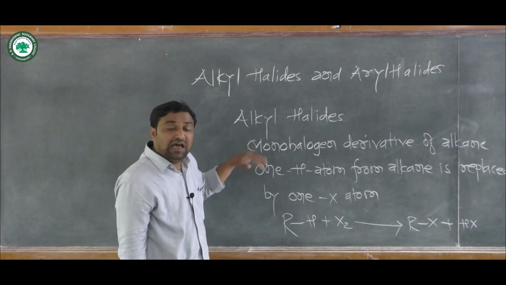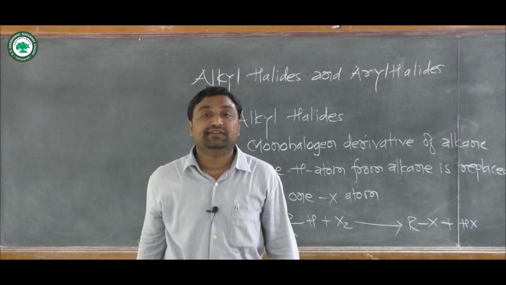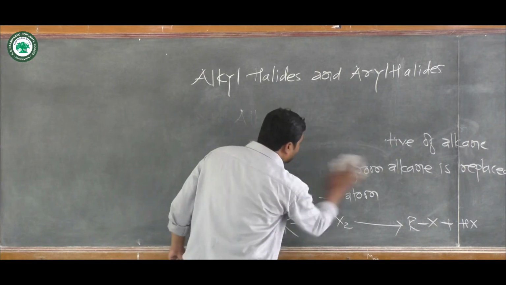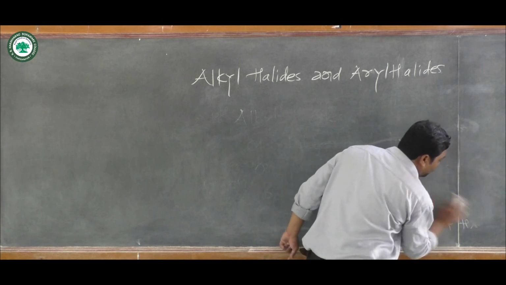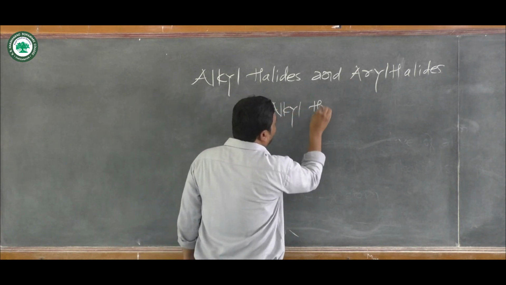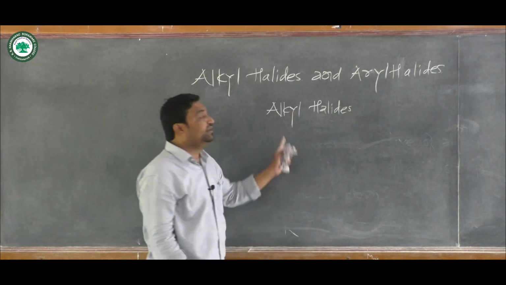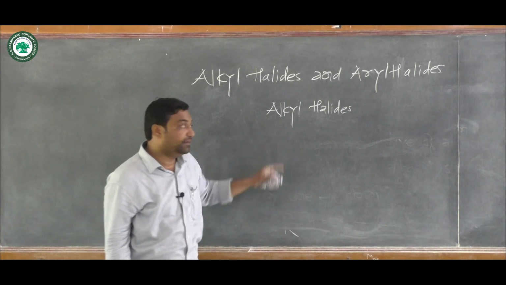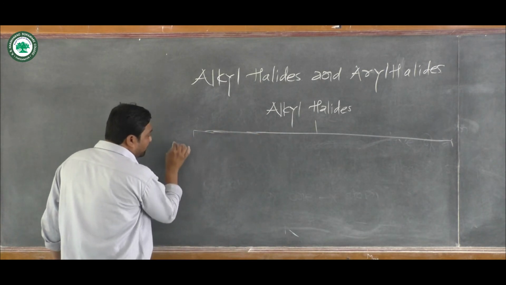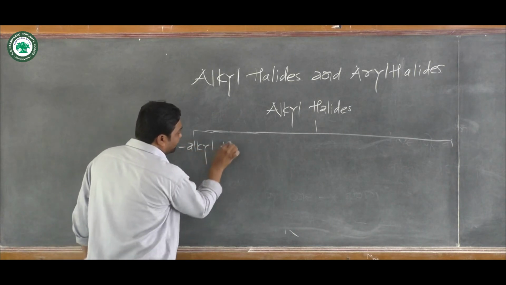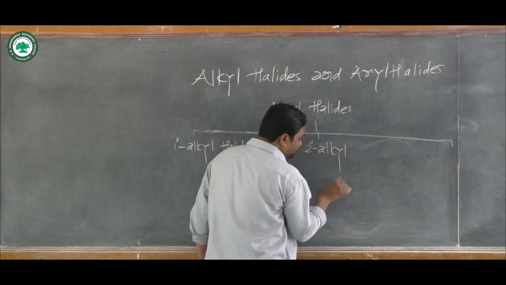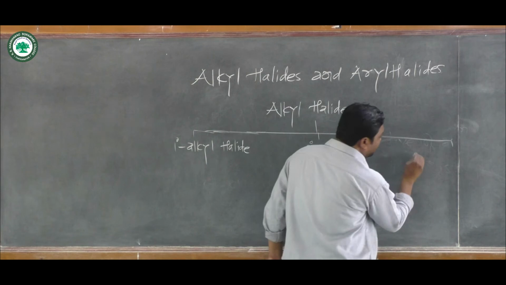Now, these alkyl halides are further classified into 3 types: primary alkyl halide, secondary alkyl halide and tertiary alkyl halide, which we will see one by one.